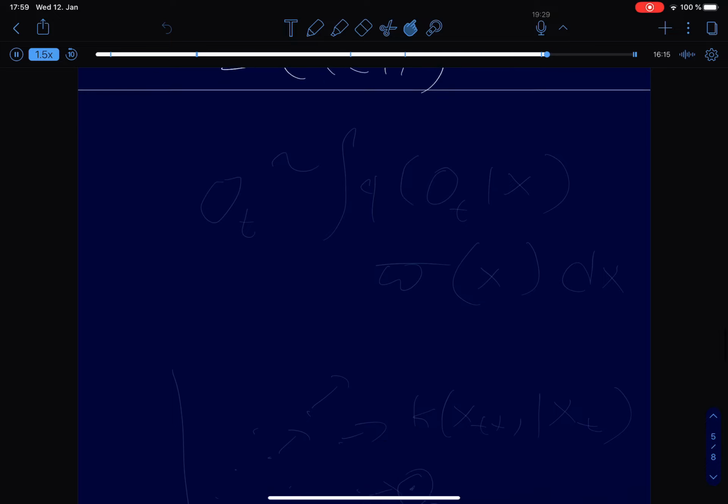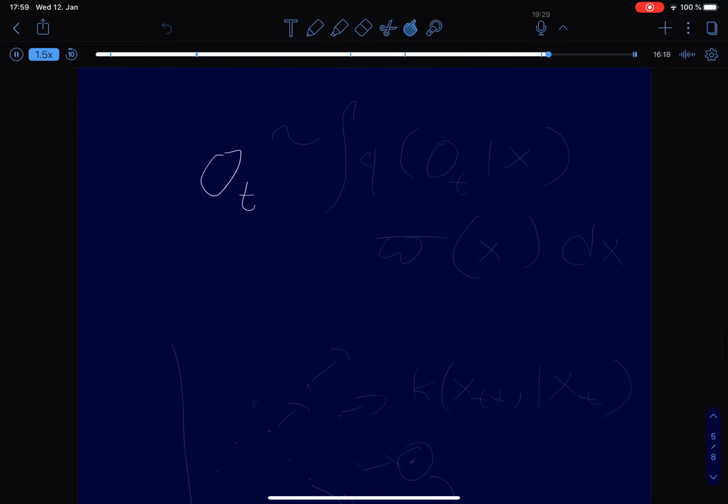So the distribution of O of t is given by the likelihood, let's call it Q of O of t given x, just averaged over the posterior for x. So, right, this is not equals, but is distributed from this distribution.